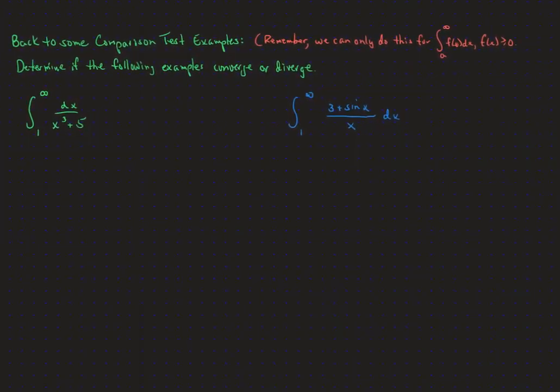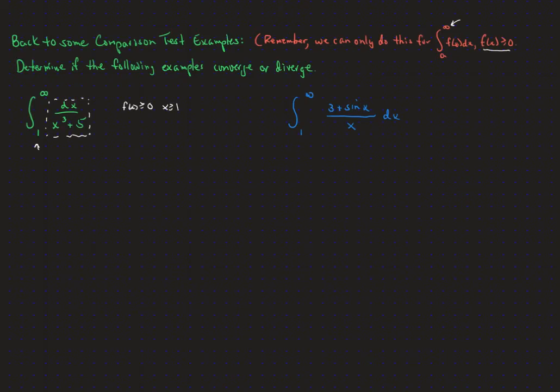Now, I'm trying to really remind you, we can only use the comparison test when our integral has an upper limit of infinity, if it's improper because of the infinite upper limit. And we also need that our integrand is going to be non-negative, at least after some point. So here we look at this function and we can say it's always going to be positive, so our f of x here is greater than or equal to 0 for x greater than or equal to 1, our lower limit.